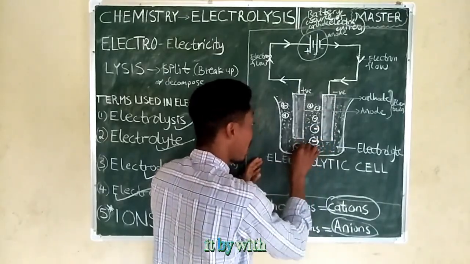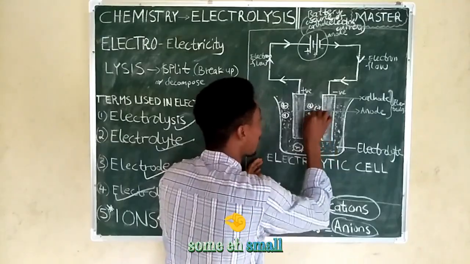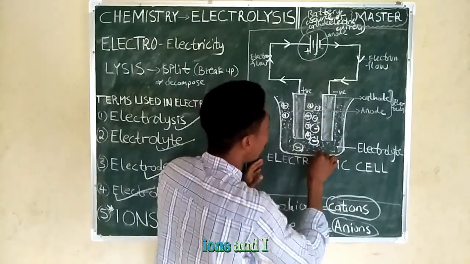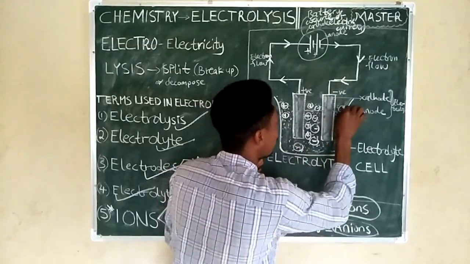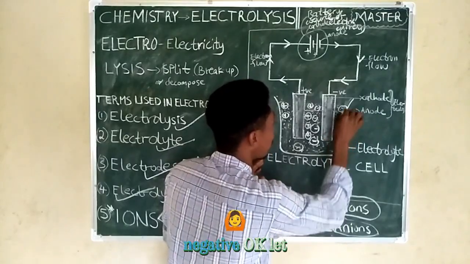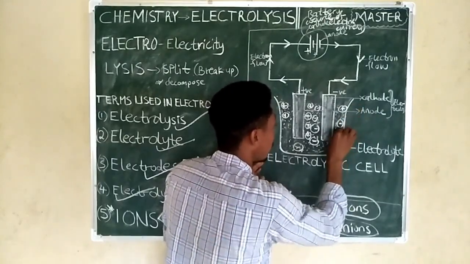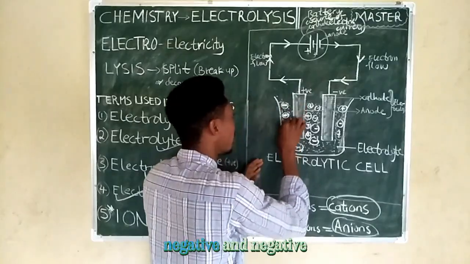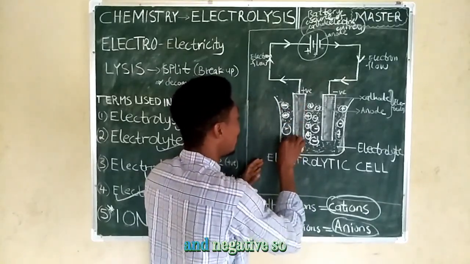Let me represent them with some small circles: positive ions, and negative ions.